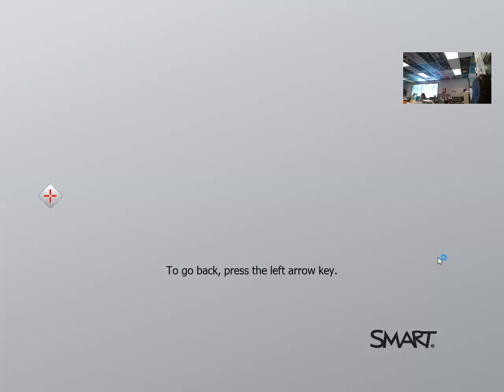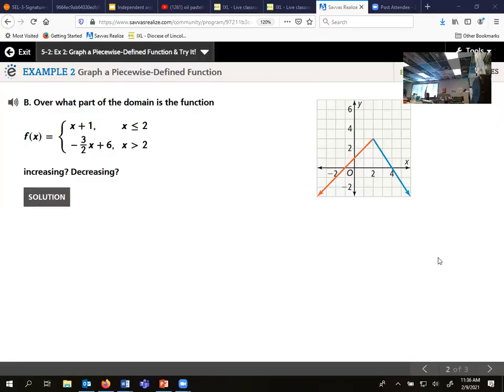Not just at that one spot. Where does it look like your line is increasing, Olivia? The positive slope line. Okay, don't worry that this arrow is pointing downward. If you're going from left to right, this looks like it's going up. It's increasing. Your y values are getting bigger.